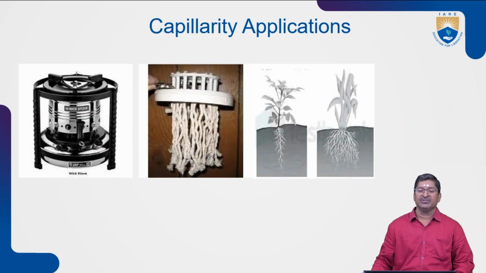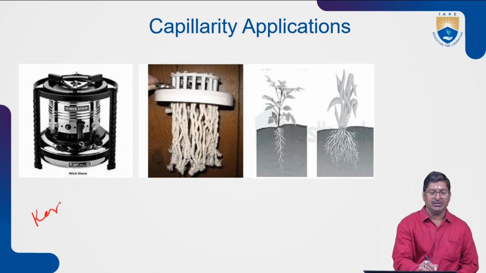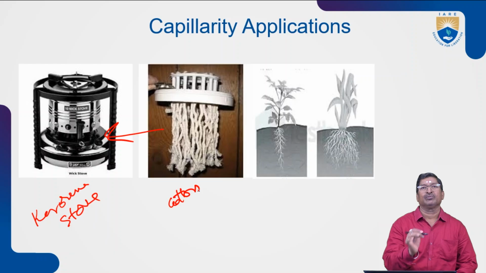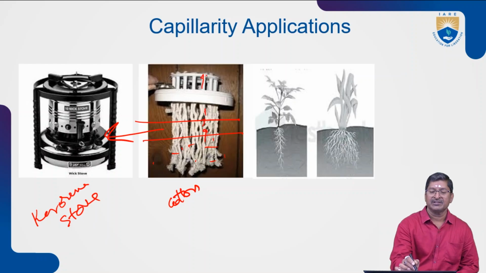The practical application for capillarity is a kerosene stove. So this stove has this cotton wick. The kerosene will be here only up to this height, but this kerosene rises and travels to the top surface, so that the fire will occur here.